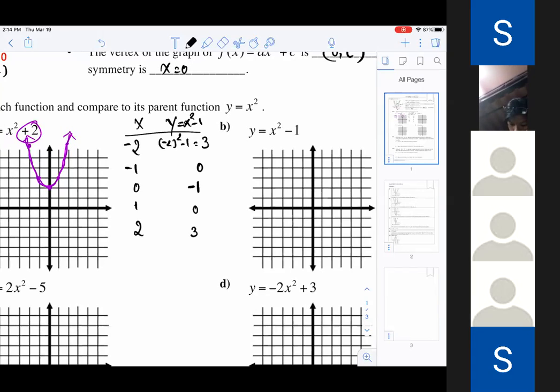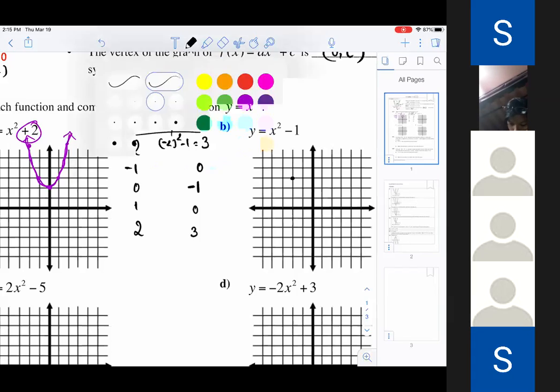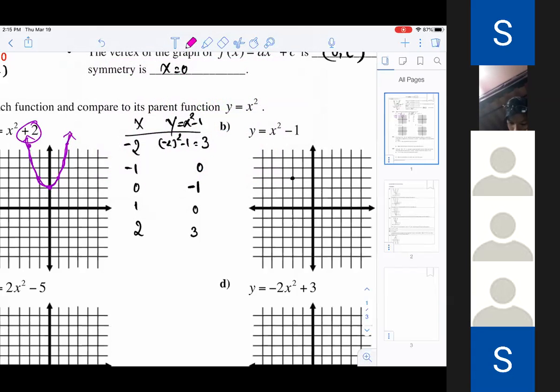-2 corresponds to 3. And -1 is 0. And 0 is -1, here and there.